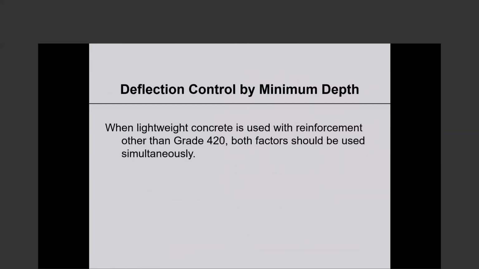So there are tabulated values. The tabulated values are for normal weight concrete, grade 420 reinforcement. When I said normal strength, I meant normal weight. If you have lightweight concrete, there is an adjustment to the table.